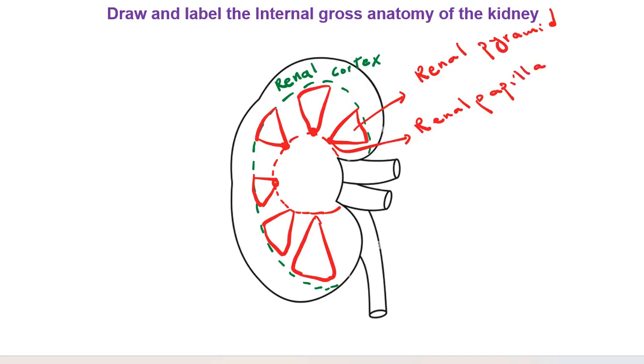And also do not forget to extend some of this cortex between the renal pyramids. This cortex between the renal pyramids is called renal column.